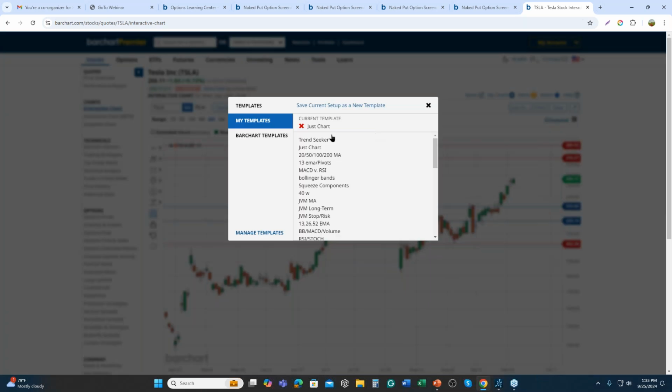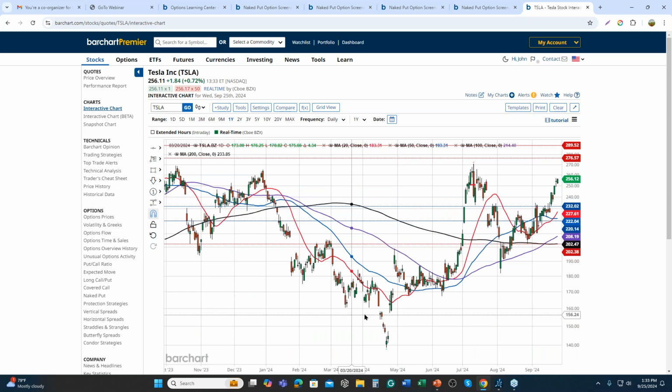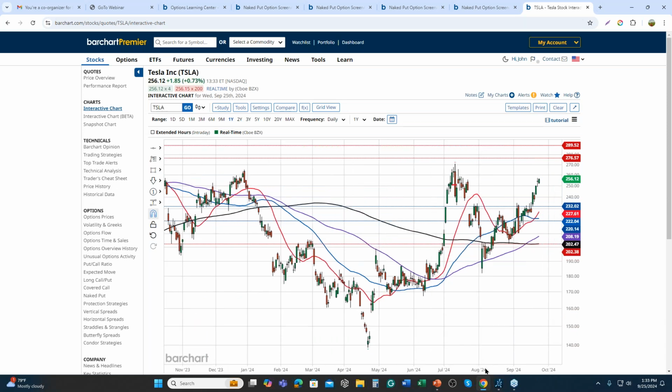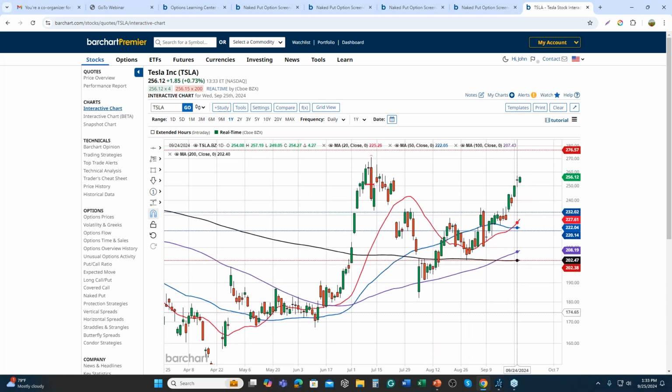One that we could use, you come into my bar chart template. Under here we have moving averages, and moving averages act as levels of support and resistance. So this bar chart template gives you the 20 in red, the 50 in blue, the 100 in purple, and the 200 in black.